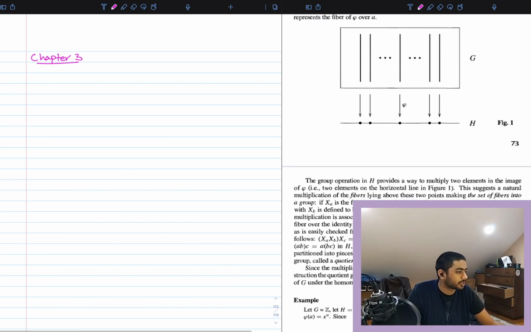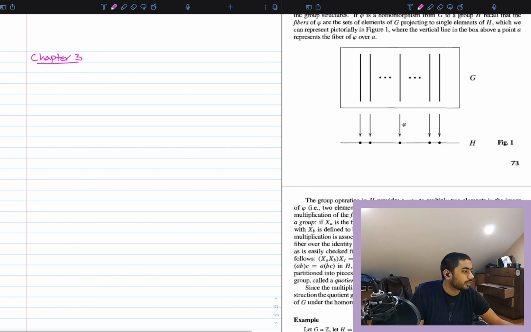The set of fibers is itself always a group. I guess the set of fibers contains 1, 2, 3, 4, and 5 things of its own. And the set of fibers is going to be in bijection with the image of phi.